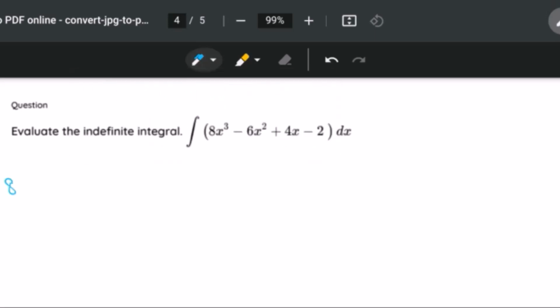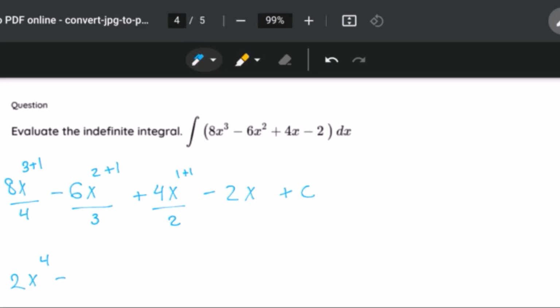So 8x to the power of 3 plus 1 divided by 4, minus 6x to the power of 2 plus 1, divide the whole thing by 3, then plus 4x, 1 plus 1 is 2, so divide the whole thing by 2, then minus 2x plus c. 8 over 4 is 2, and then x to the power of 4, and then negative 6 over 3 is negative 2, so x to the power of 3, then 4 over 2 is 2x, then minus 2x plus c.